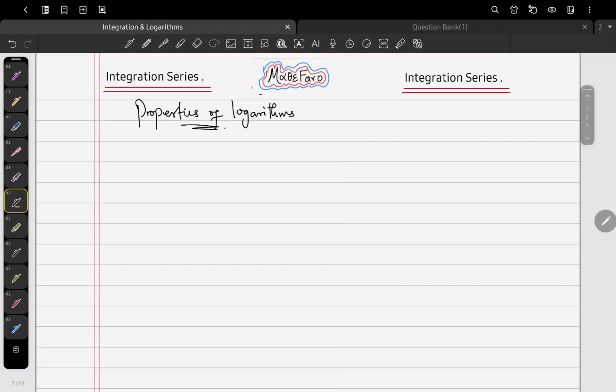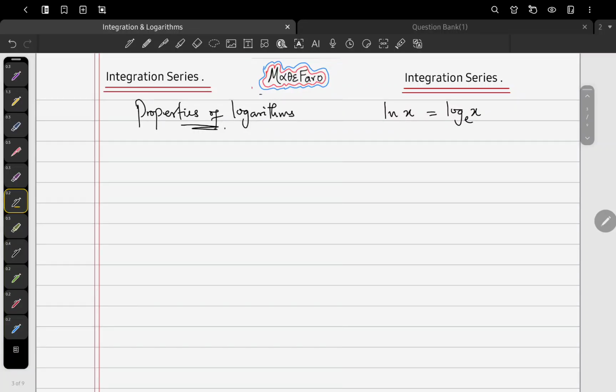First and foremost, we know that the most common type of logarithm we use in calculus is the natural logarithm. So definitely this is what we're going to be using the most in this series. But we should remind ourselves that the natural logarithm of x is simply the logarithm of x to the base of e.